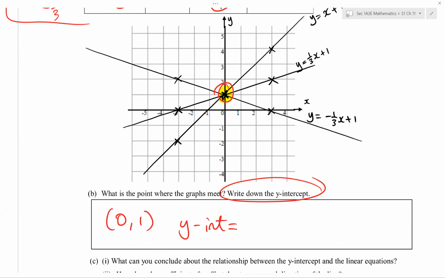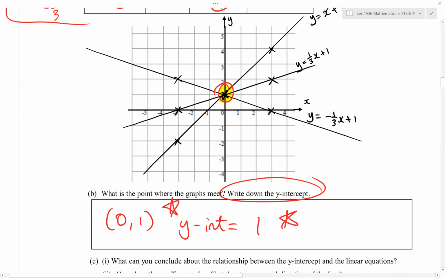Where does it intersect the y-axis? When you are on your way to school, then your friend intercepted you. It means that your friend met up with you along your way to school. So intercept over here means where they meet. So where do they meet? The y-intercept has a value of 1.